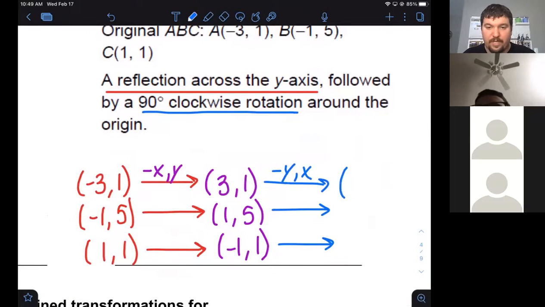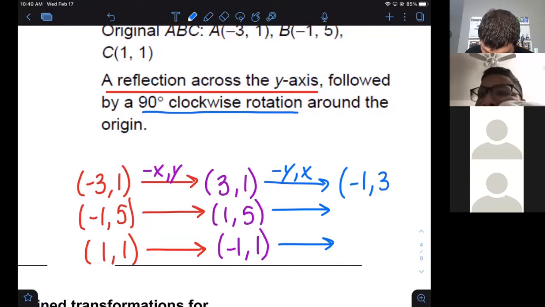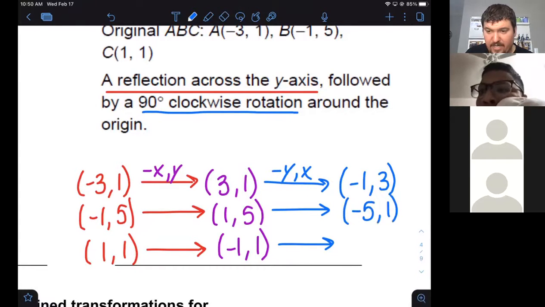So what are my new coordinates then? You guys help me. Let's finish this. What's my final answer here? -1, 3. Good. Next one. -5, 1. Good. And the next one? -1, -1. Got it.